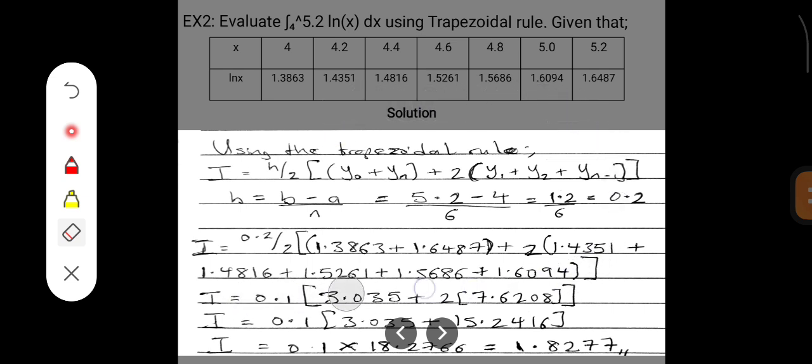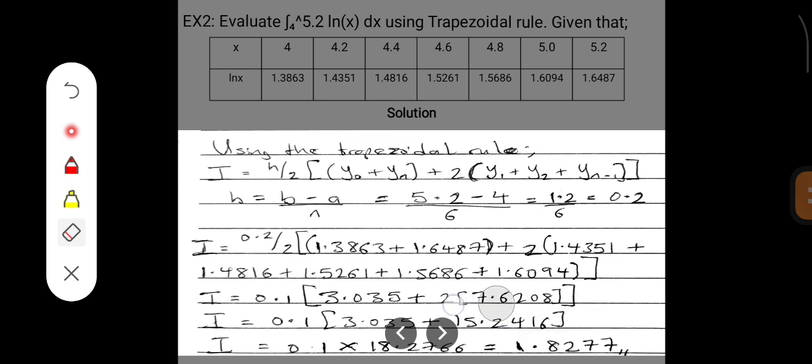So that's what I have here. Now when we add that together, 0.2 divided by 2 gives 0.1. Now y subscript 0 plus y subscript n gives 3.035, plus 2 multiplied by the addition of these other values of y, which gives 7.6208.